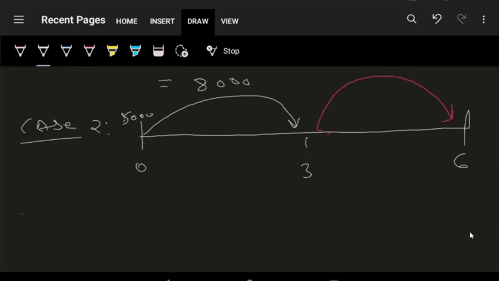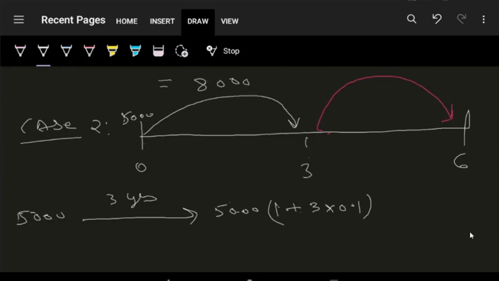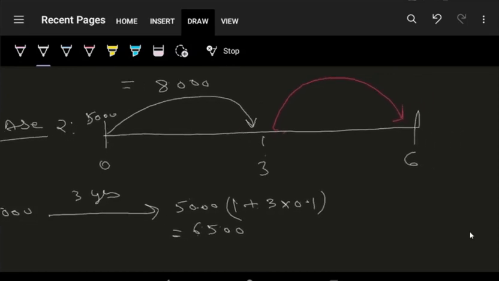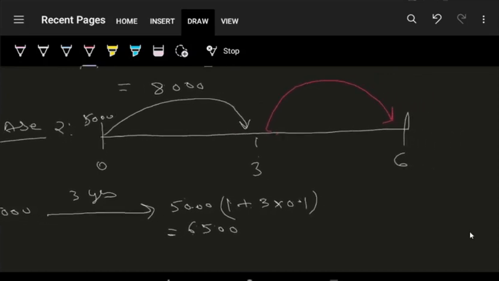So first I have 5,000 rupees, I invest it for 3 years, I get 5,000 into 1 plus 3 into 0.1, since my interest rate is 10% and I'm investing for 3 years, and I will get 6,500 rupees. Now I will invest this 6,500 again in the same account.